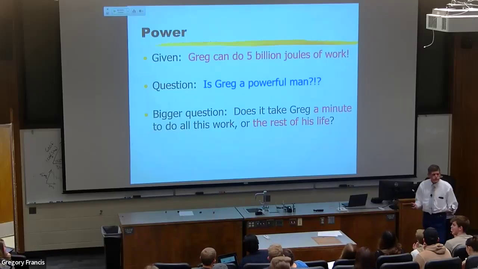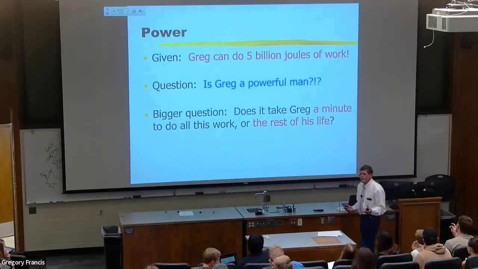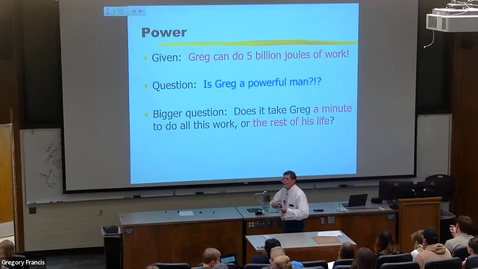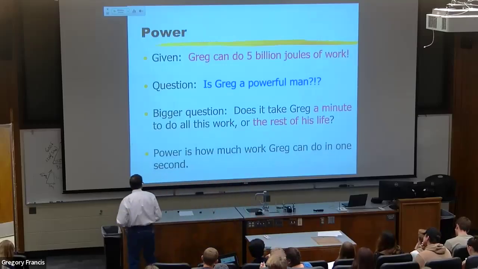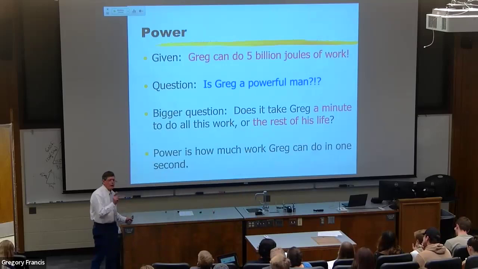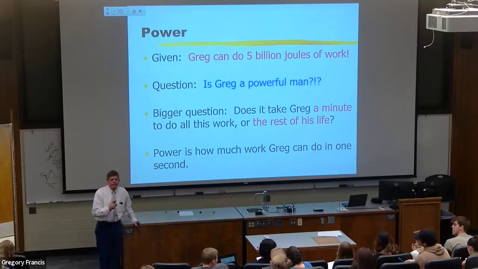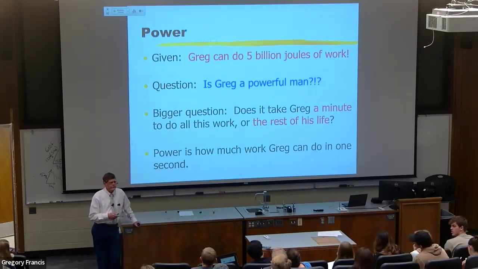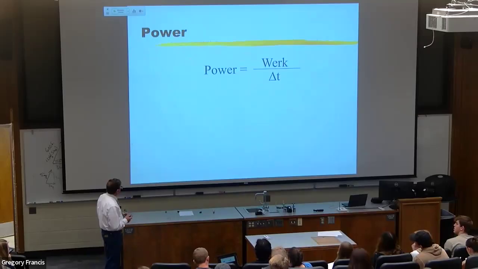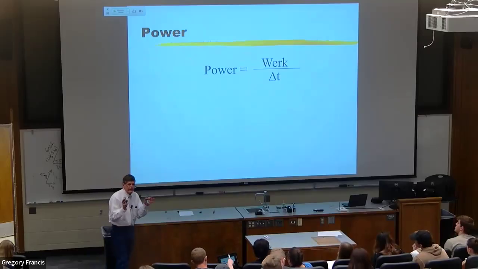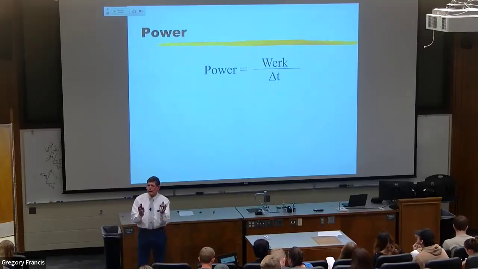Okay. So how much time does it take to do that work? And that's the idea of power, is how quickly can we do the work? The power is how much work Greg can do in 1 unit of time. That unit we typically take as 1 second. And so the definition of power is just the work divided by the time. And folks, this is something for your toolbox.